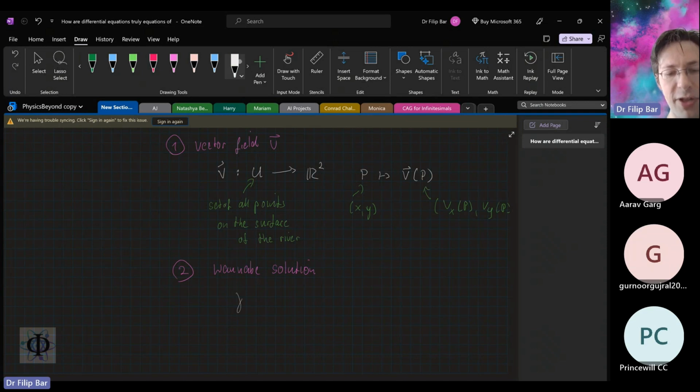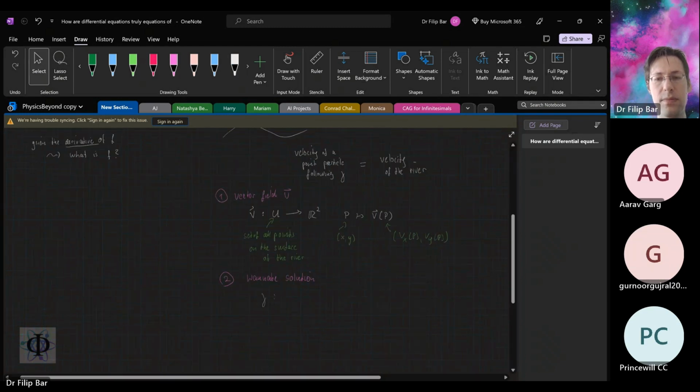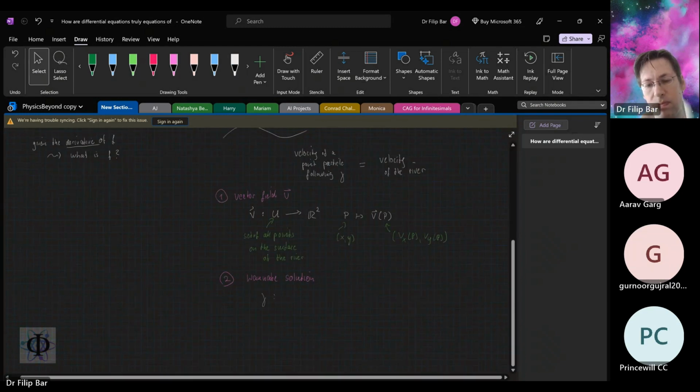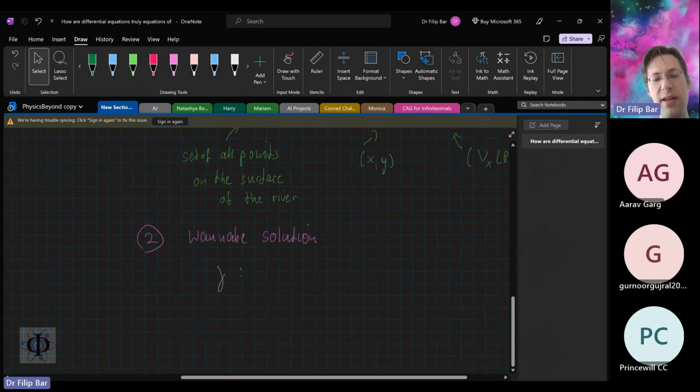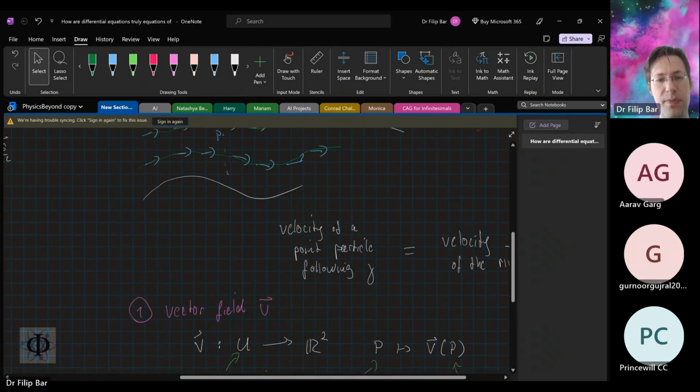We want to have a path which I called gamma. Now, gamma is the position of my particle in time. So how am I going to model this using a function? What's going to be the domain here for this function gamma?